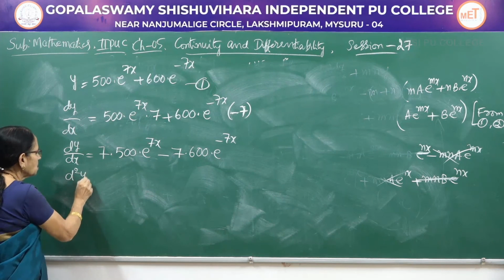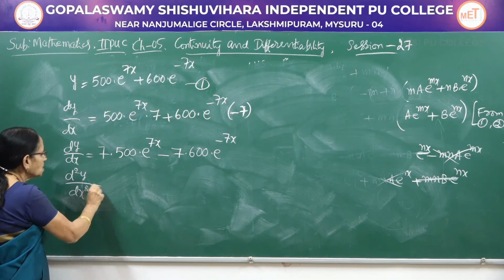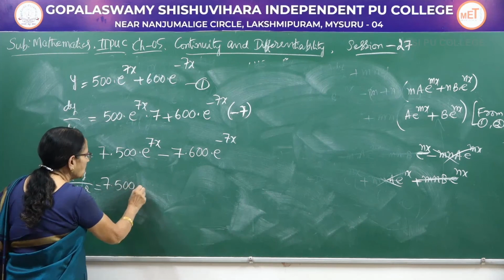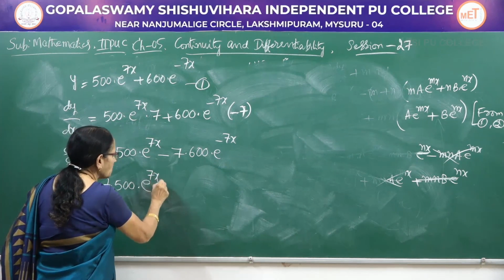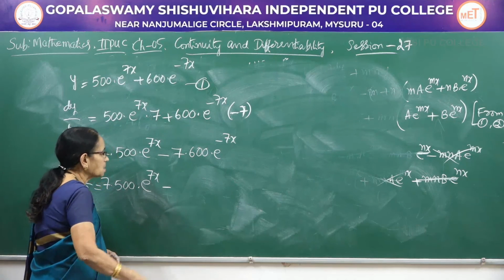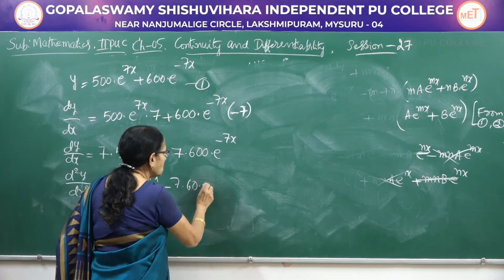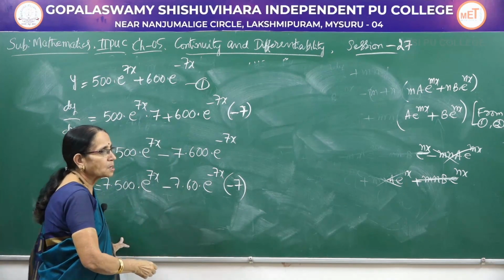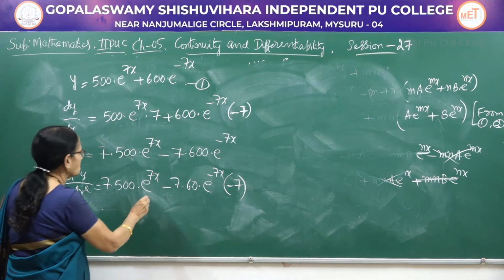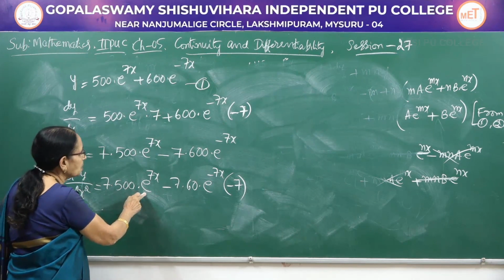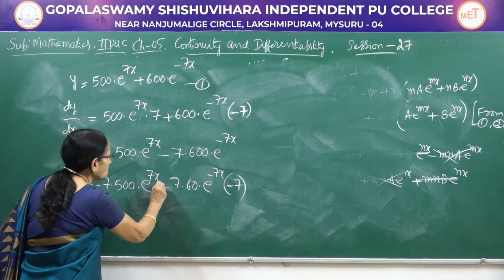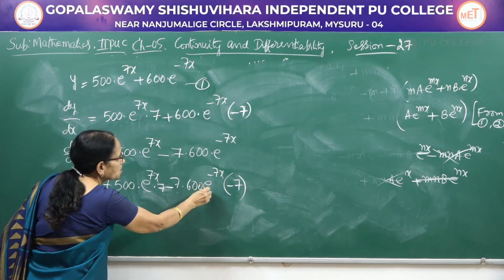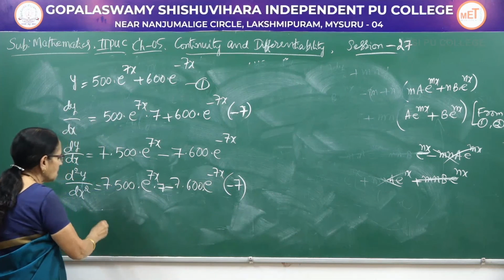Now, differentiate again with respect to x. d square y by dx square. Now, write this 7 into 500 as it is, e to the power 7x into 7 here also, then minus 7 into 600 into e to the power minus 7x into another minus 7.